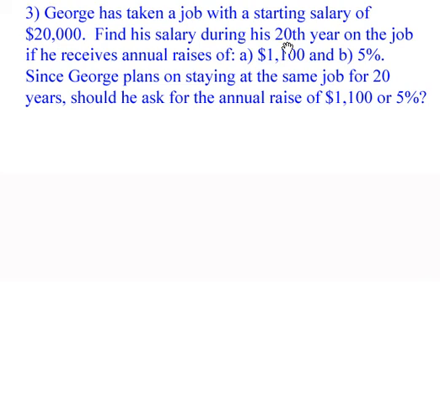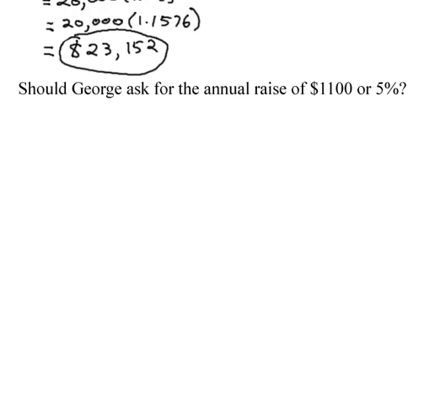I'm going to leave this as an exercise for the viewer. Calculate what his salary would be the 20th year if he took $1,100 raises every year or 5%, and determine whether the $1,100 would be better or the 5% would be better. We'll be doing this in class if you're in class.